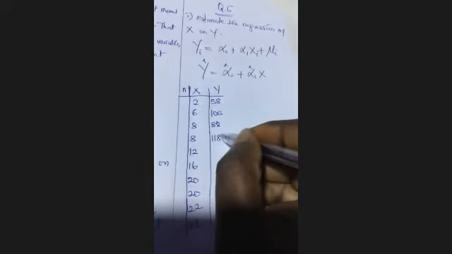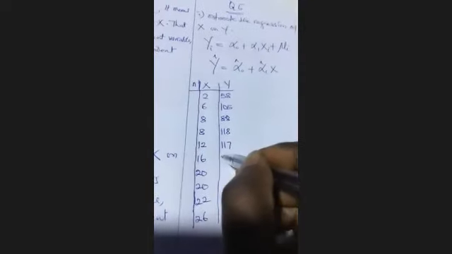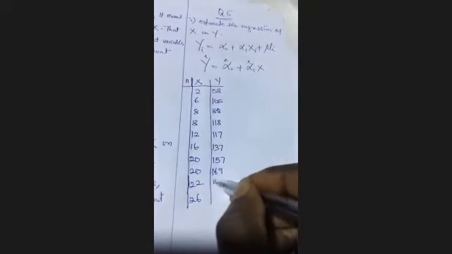We have 58, 105, 88, 118, 117, 137, 157, 169, 149, and this is 202. Okay.